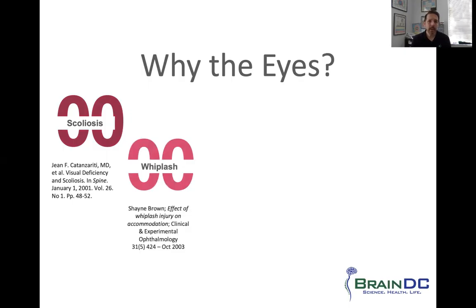Whiplash. Again, I don't think as a chiro, we can do our job as well as we could if we aren't paying attention to the eyes. The eyes and the spine are connected from birth. The same embryological tissue, or the same somites, if you remember that word, that make up the muscles that move the spine, like multifidi and control postural things, also make up the muscles that move the eyes, the intrinsic muscles of the eyes.